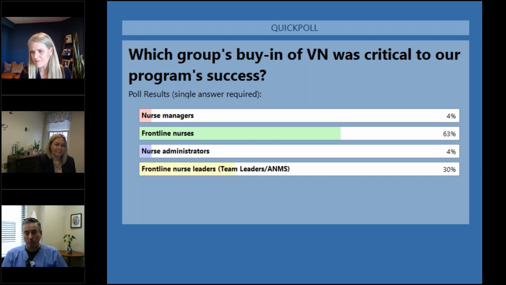Well, for myself, I would both agree and perhaps challenge just a little bit. In our experience, you can get one or two frontline nurses at a time interested in virtual nursing, and that'll be a domino effect to the other nurses. But on one of our highest performing units, an orthopedic floor that does a lot of same-day discharges, their team leader, right from day one, saw the value in virtual nursing.